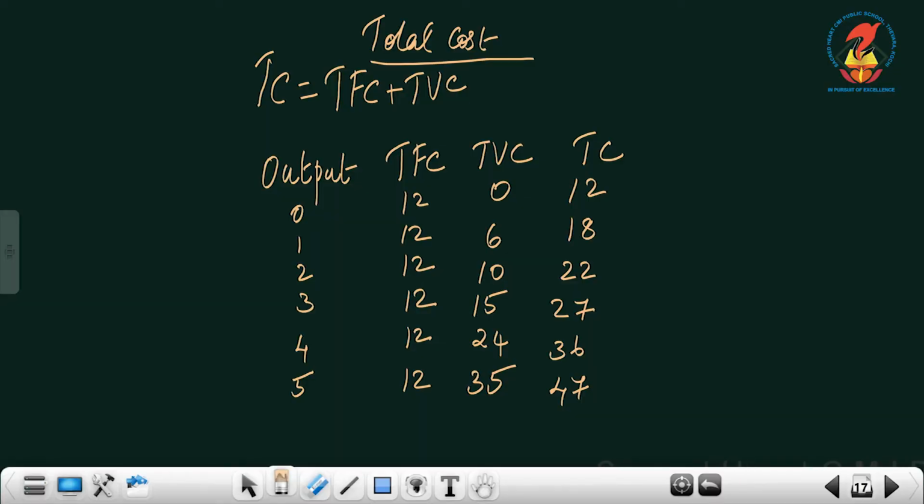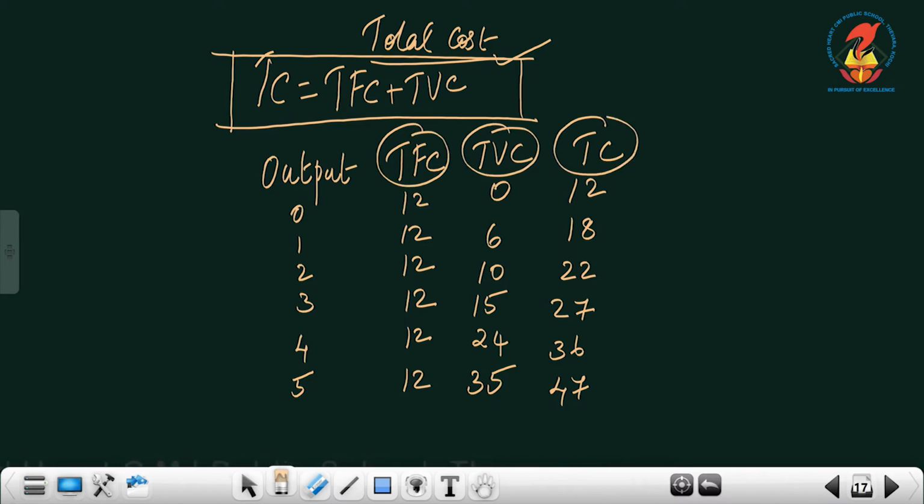Now, we will move on to the third type of cost, that is total cost. And I told you we get the total cost by adding total fixed cost and total variable cost. Now, I have taken the two tables together to find out the total cost. At 0 level of output, total fixed cost is 12, and that is 12, 12, 12 throughout, and total variable cost, just now we discussed, is 0, 6, 10, 15, 24, 35.